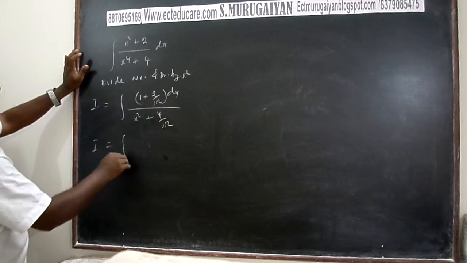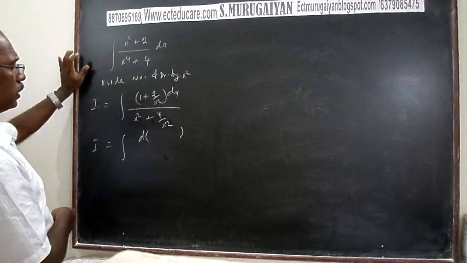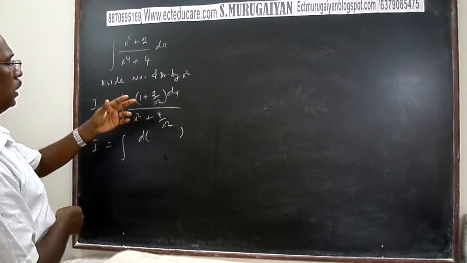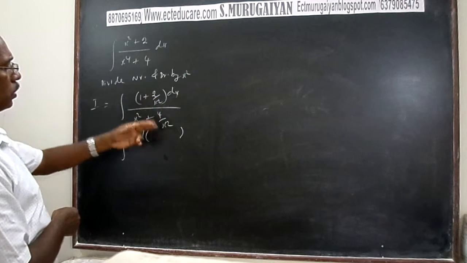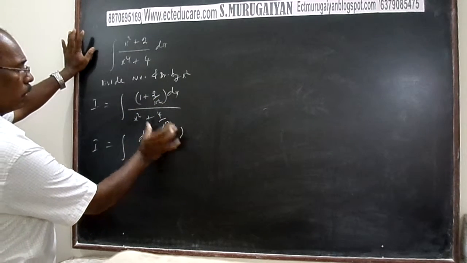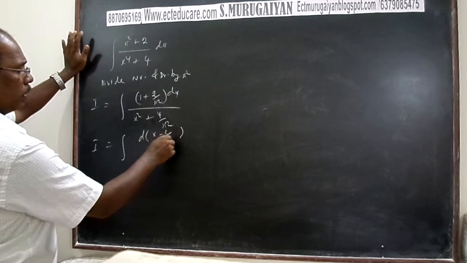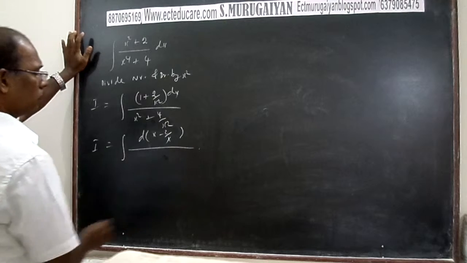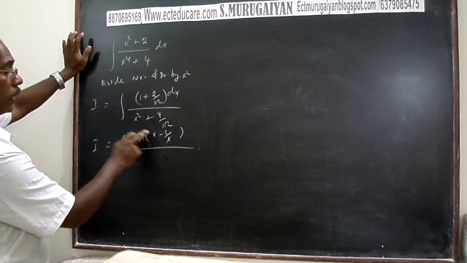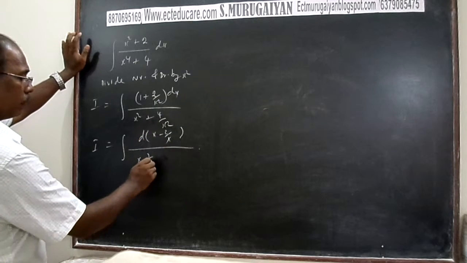Now let us write the numerator as d of something. To write d of something, the integral of these two terms should be written within the bracket, so that the derivative of the integral is the same. So x minus 2 by x. Then the denominator should be written as (x minus 2 by x) the whole square, because this is the new variable.